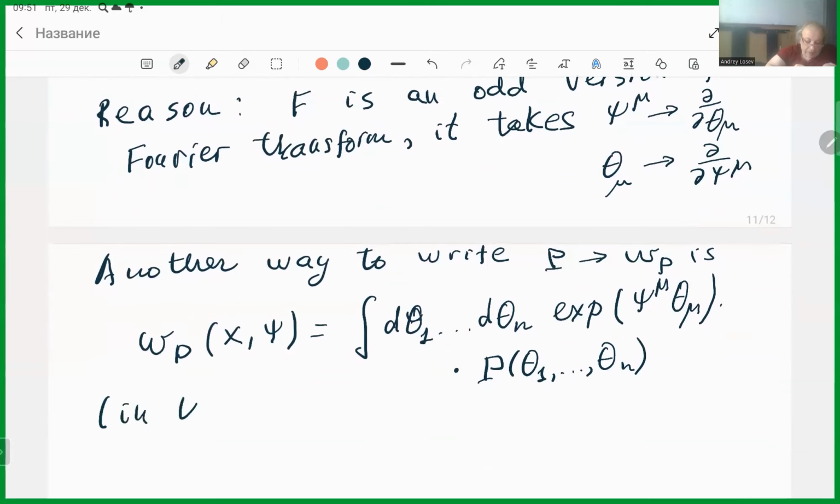It is in the case rho of x equals 1, and let us try to understand it in this particular case.